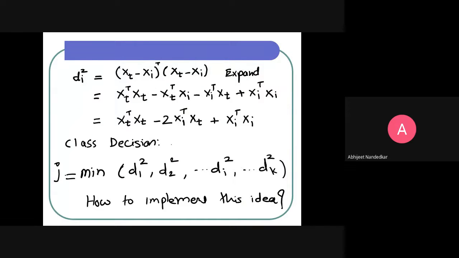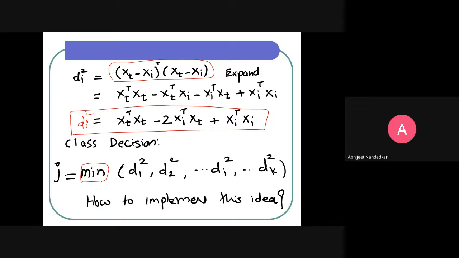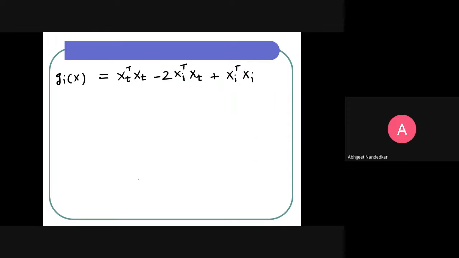We did a small simplification of this by doing this vector multiplication. I got this di square like this. Then for such di squares, I choose the minimum. Instead of di, now I am using di square, and the process is to choose the minimum distance, that is the minimum square distance.